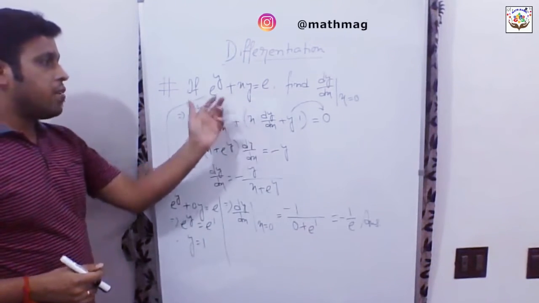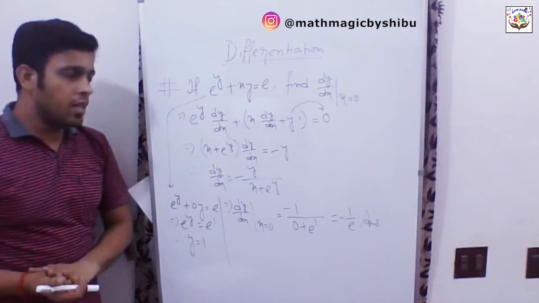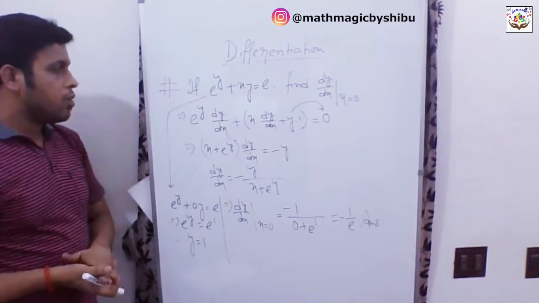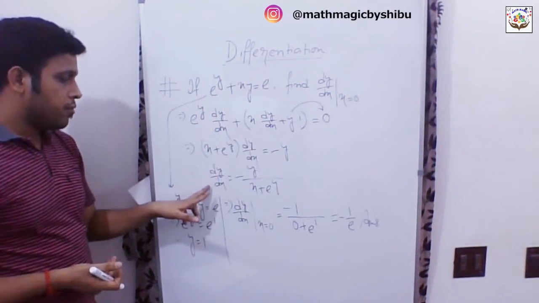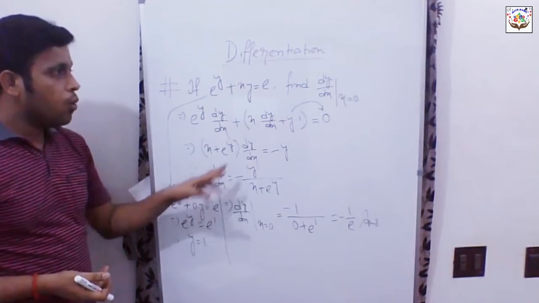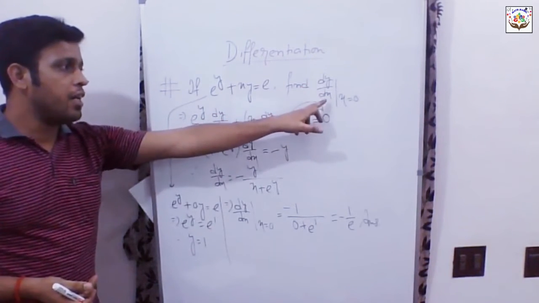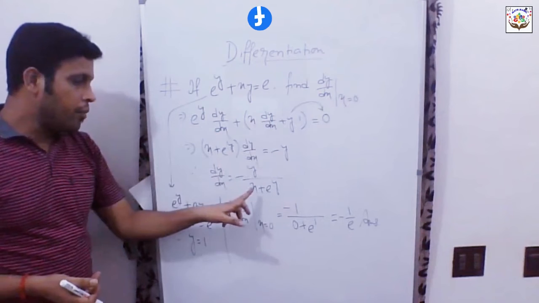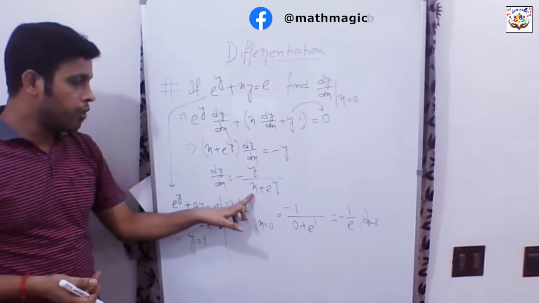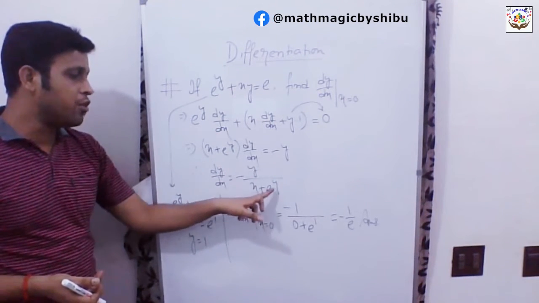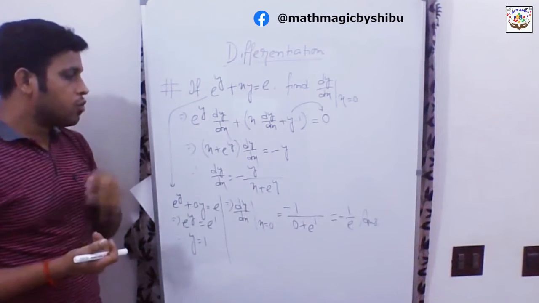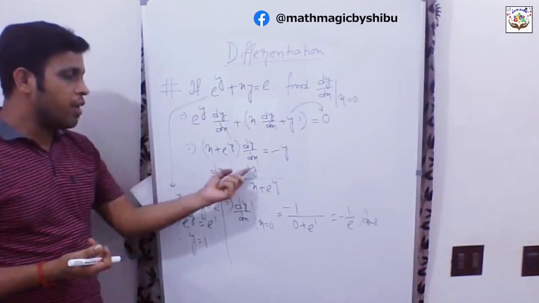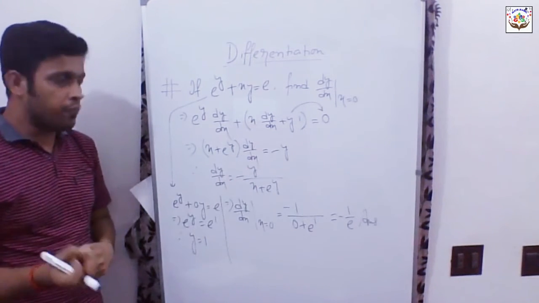We have differentiated both the sides of this expression with respect to x. So we have got the dy/dx part. Now we need to get the value of dy/dx when x equals 0. We can put x equals 0 here, but we will be getting minus y by e to the power y. Okay. So at first we need to get the value of y when x equals 0.